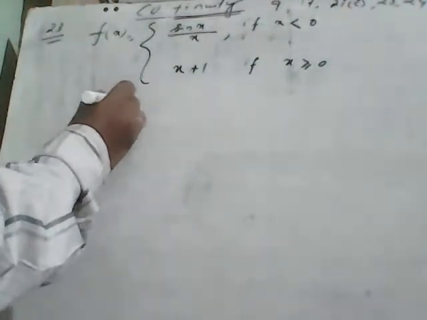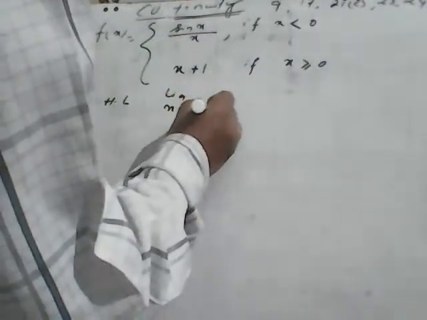See now, sin x by x if x is less than 0. x may be less than 0 or x may be greater than 0. It has two results. First, left hand limit. Left hand limit means limit x approaches 0 minus of f(x). 0 minus means x less than 0.